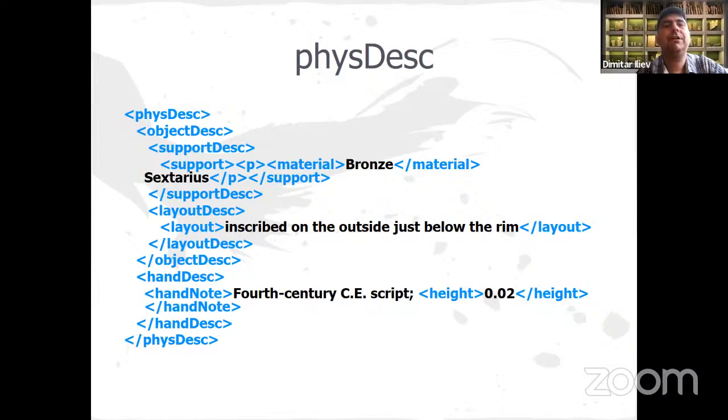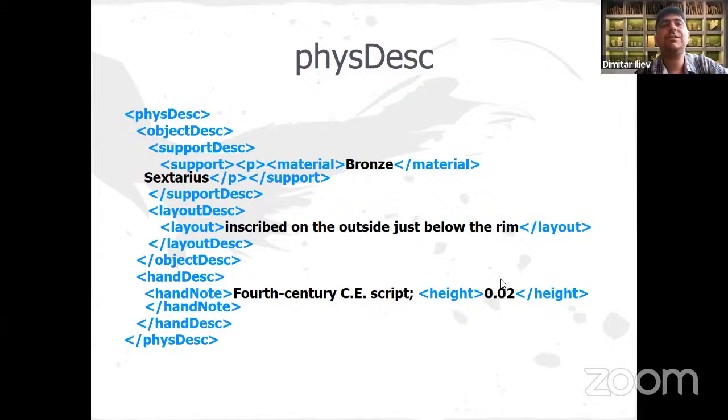You can have exact measurements of letters. You can have measurements of the letters from-to. For example, it could be this amount of millimeters on the first line, and another height in the rest of the lines of the inscription.